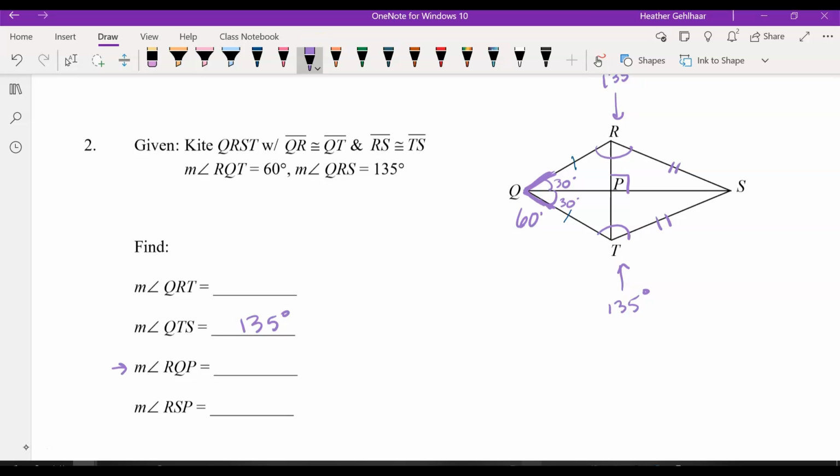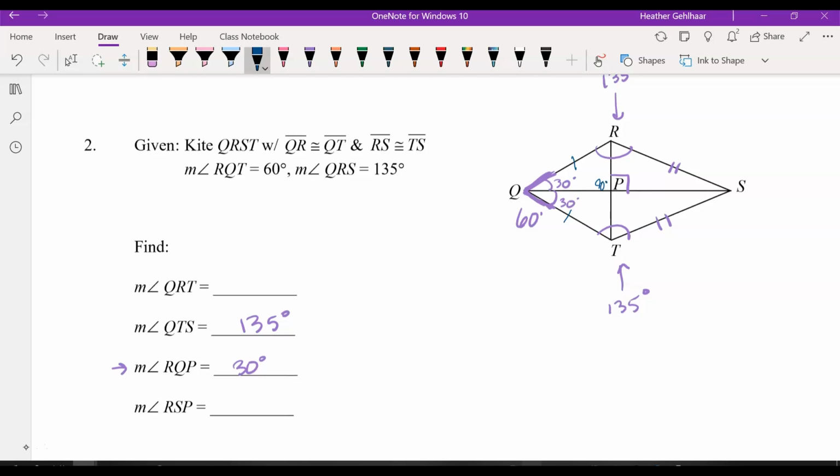Oh, we do. RQP is this angle here, so that would be 30 degrees. Awesome, having that marked is super helpful. We know that this here, again, is 90 degrees.